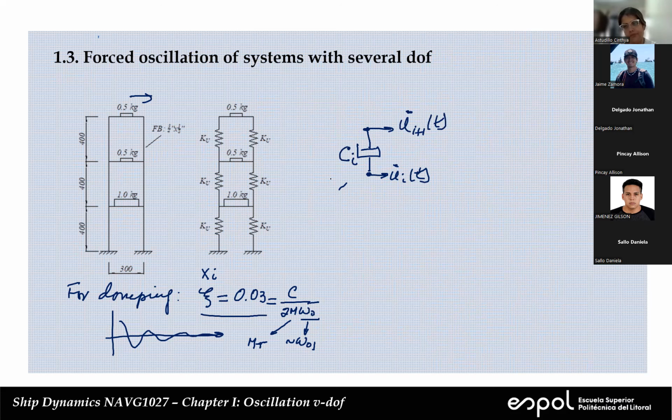What we're saying is just that the force developed here is proportional to the difference of these velocities. That's all. It's just a model, so we simplify it in this way. Remember that here we have similarly the spring. So in a similar way as the spring, we can establish the forces from the dampers.